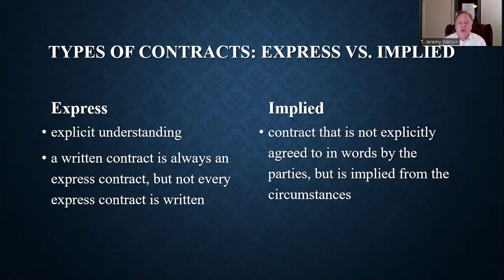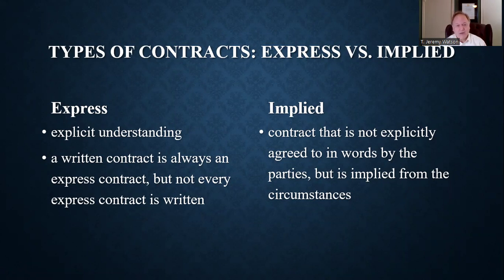So a written contract is always an express contract. You wrote out the elements of the contract. But not every express contract is written. You can have an oral express contract, as long as you stated the elements of the agreement and the consideration and the mutuality.